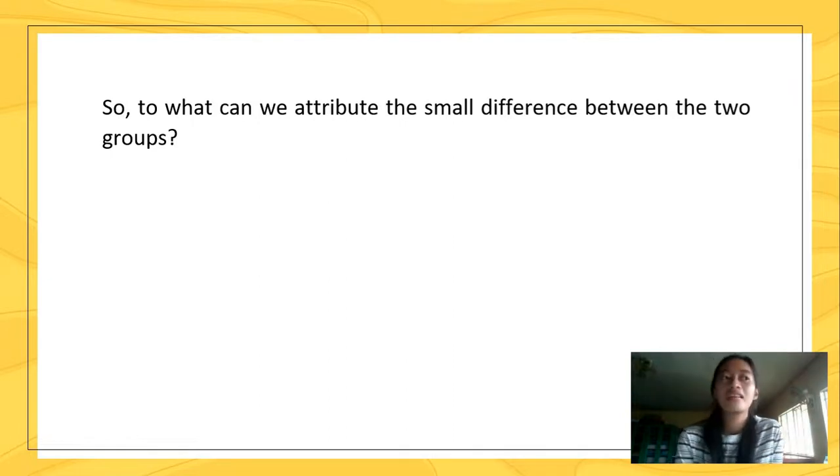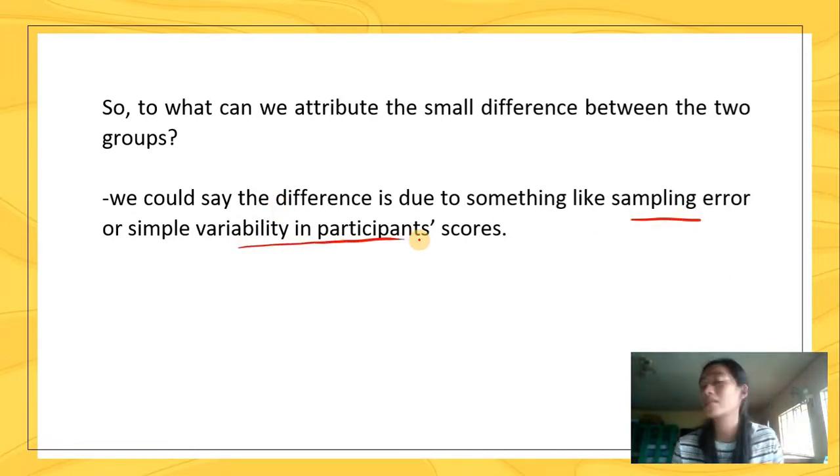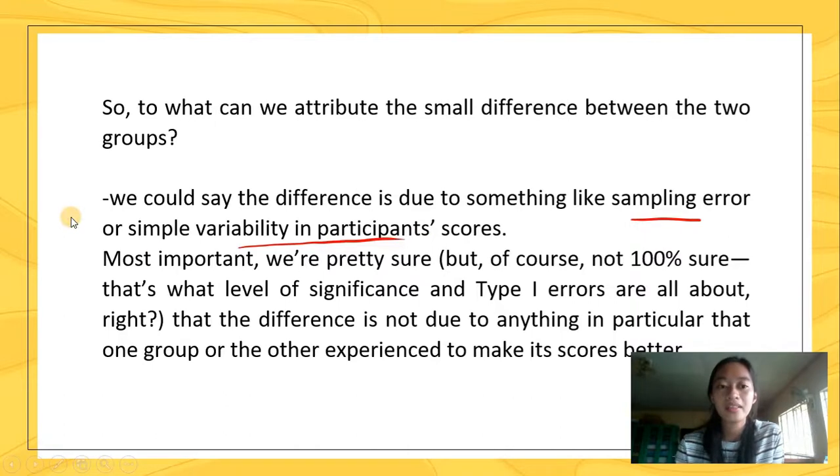What is the reason they are different, though we tested and it is not a significant difference? Some of the reasons are sampling error or the variability in the participant scores. And more importantly, we're pretty sure, but of course not 100% sure, and that's what level of significance and type 1 errors are all about, right?